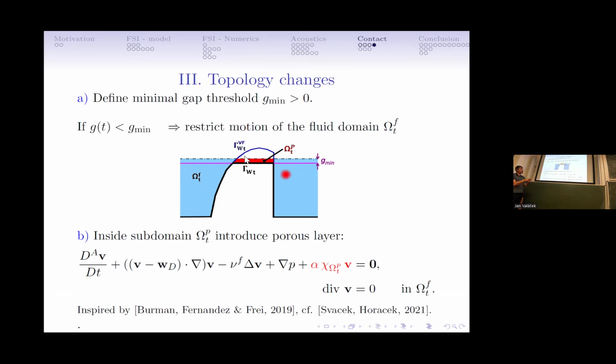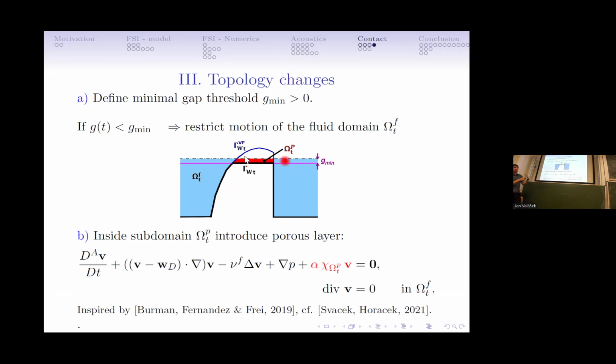And what happens with the structure mesh at the point where the top of the vocal folds overcomes this gap threshold: we decouple the structure and the fluid part, and allow the structure part to move further up until it penetrates the second vocal fold. Based on this very small penetration, we compute the impact forces, which after some time move the vocal folds down. And during this time, we still have in the fluid flow domain this very tiny gap, which can be made very small.